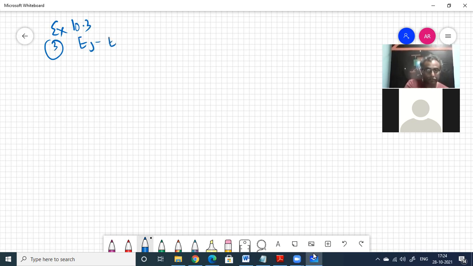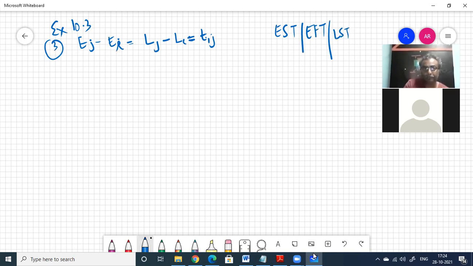E of j minus E of I equal to L of j minus L of I is equal to T of ij. That is the thing. Earliest finish time minus earliest start time, latest finish time minus latest start time, which will be equal to the time. So earliest start time, early finish time, latest start time, latest finish time: this is 0, this is 8, this is 0, this is 8.